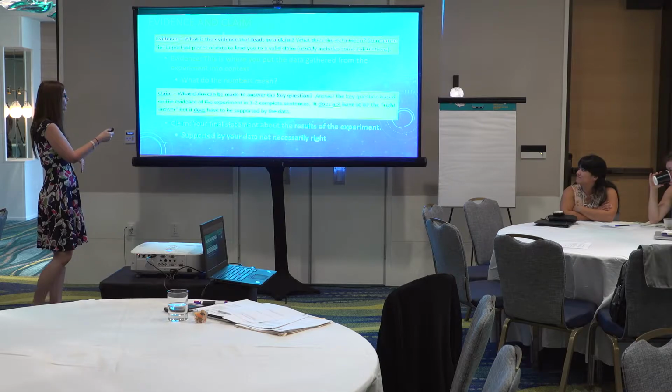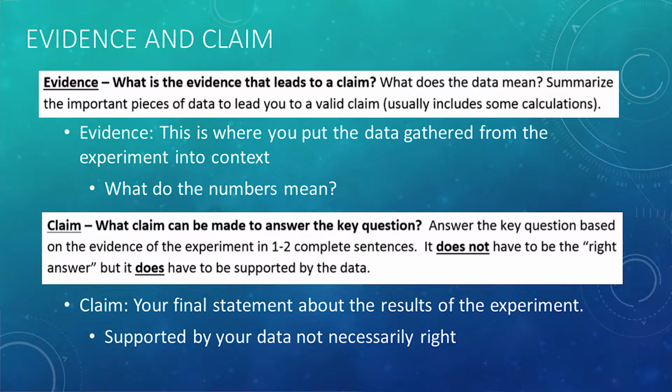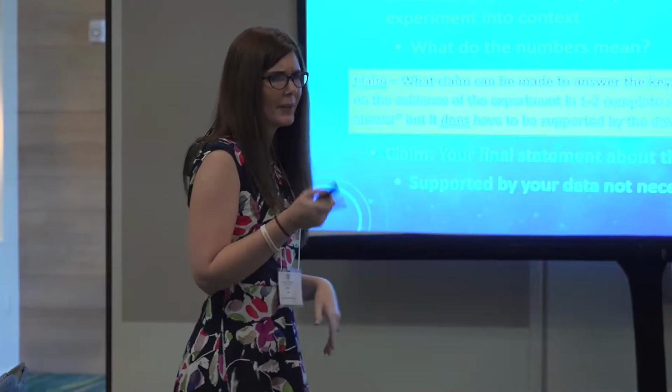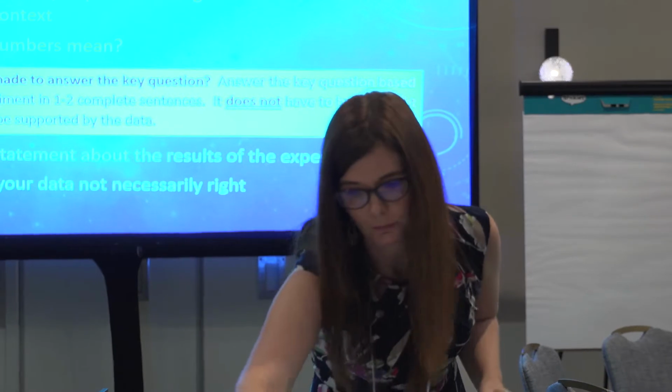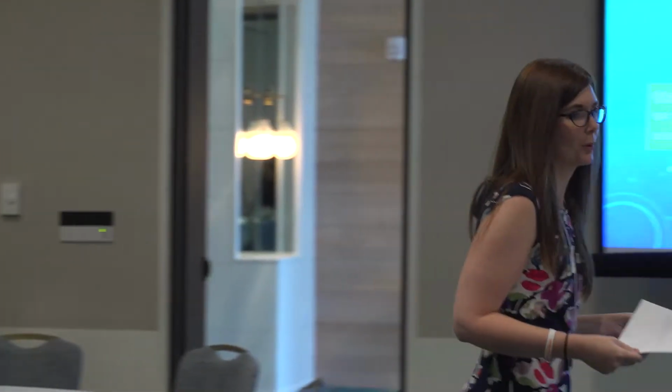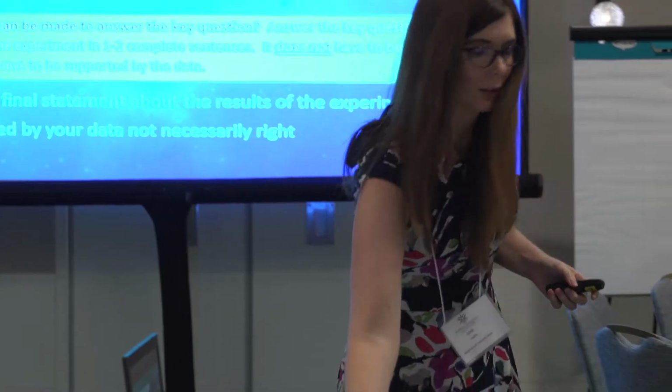This is clarifying what exactly is evidence, what exactly is a claim, and then they'd be prompted to write what their claim is. If you look further on in the worksheet, you'll also see that there's a place for them to reflect on how their ideas did or didn't change and why. And that's an important part of the process that will be continuing throughout.